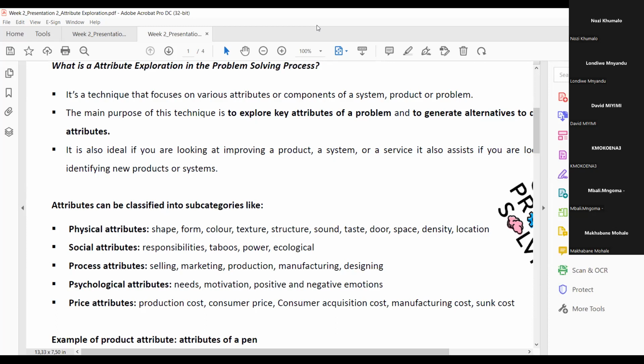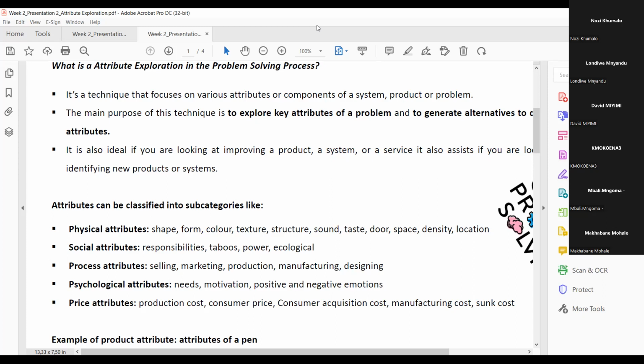Oh, okay. No, I think now I hear you. I think it would be social attributes. But at the same time, I also think it can be psychological attributes. What do you guys think?